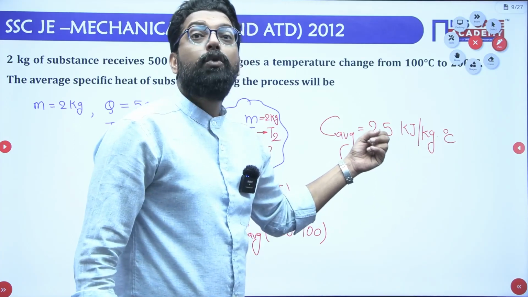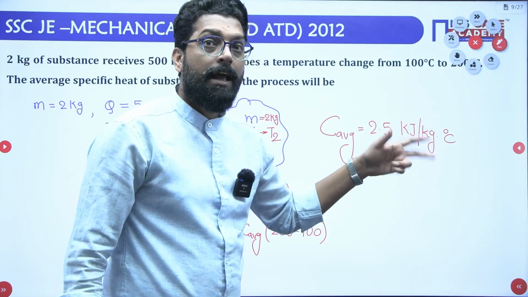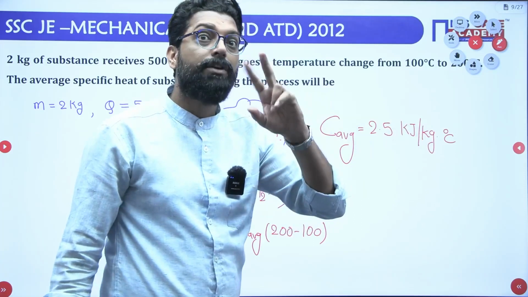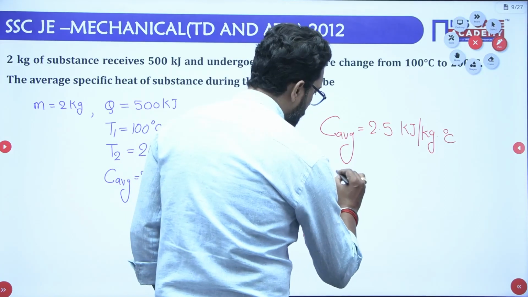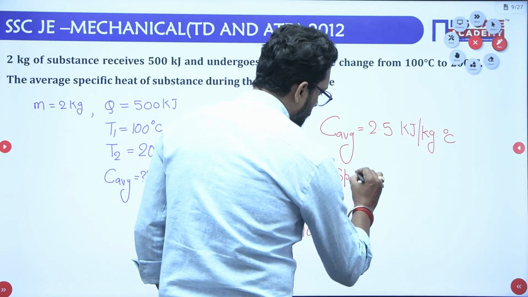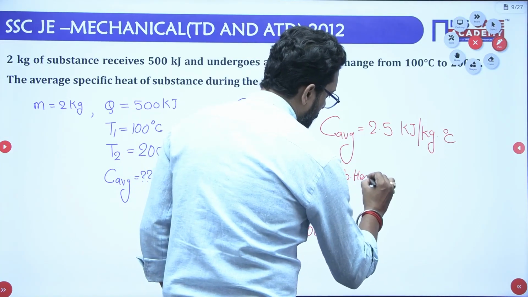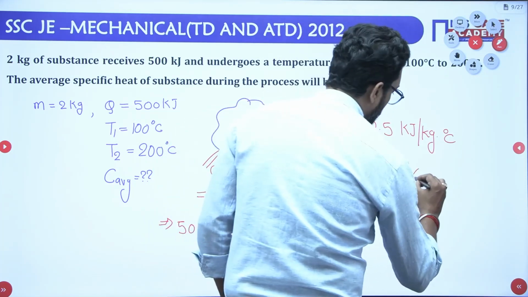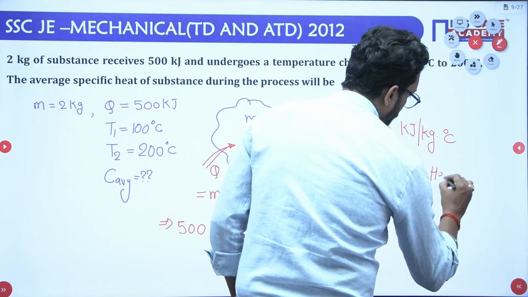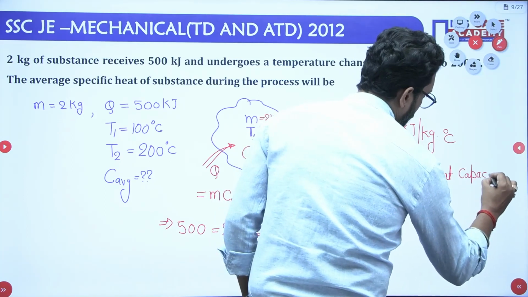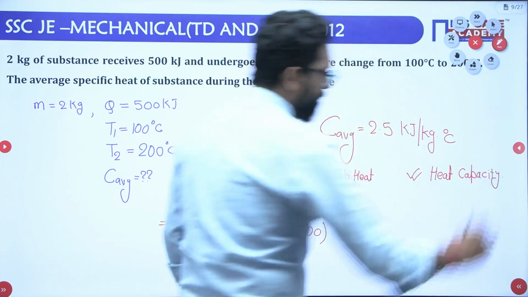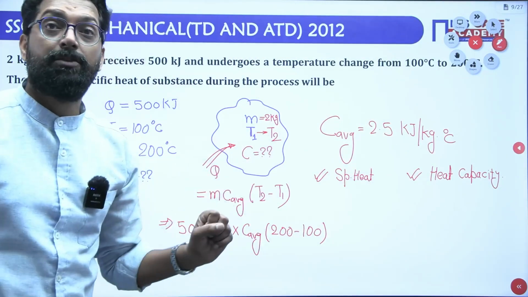See my dear, there are two things, specific heat and heat capacity. There are two different things. So one point is very important, note it down: specific heat, and second one heat capacity. What is the difference between the two?